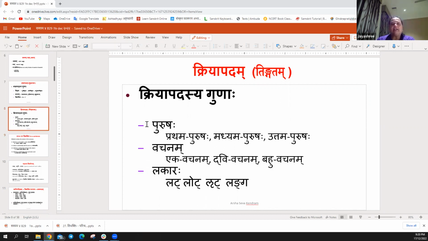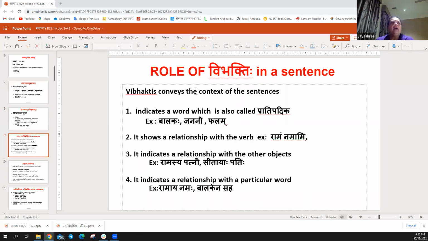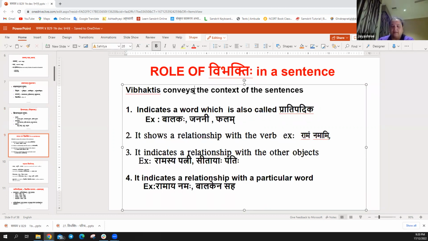All right. So we know the qualities of namapada and kriyapada. So whenever we have kriyapada, first in the sentence, we find the kriyapada and we can know the purusha, vachana, and lakara in kriyapada. Now, vibhakti, role of vibhakti in a sentence. What is the role of a vibhakti in a sentence? So vibhaktis convey the context of the sentences.